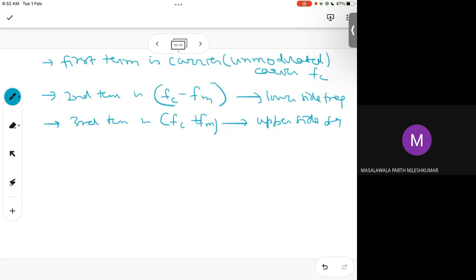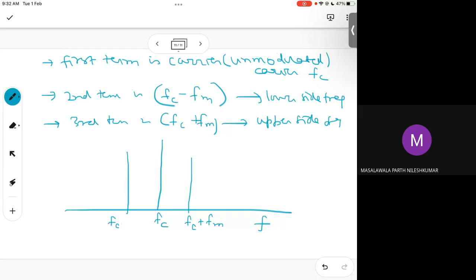So I have three frequencies in my AM signal. If I see the frequency domain, F here, there is a carrier frequency, and there is FC plus FM, and FC minus FM. So this is called the lower side frequency. This is called the upper side frequency, USF.